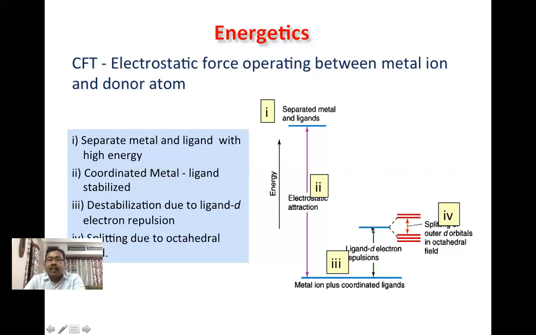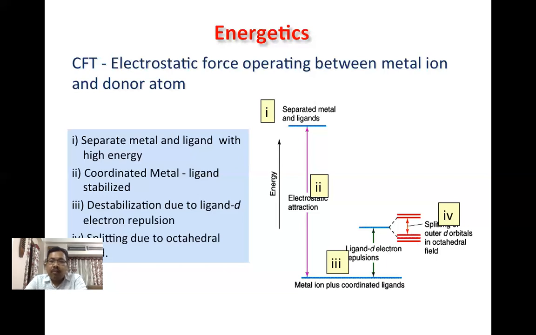Afterwards, there is a further splitting of the 5d orbitals, which were initially degenerate, due to the presence of ligands. Particularly in an octahedral geometry, these 5d orbitals will split into two sets of orbitals.